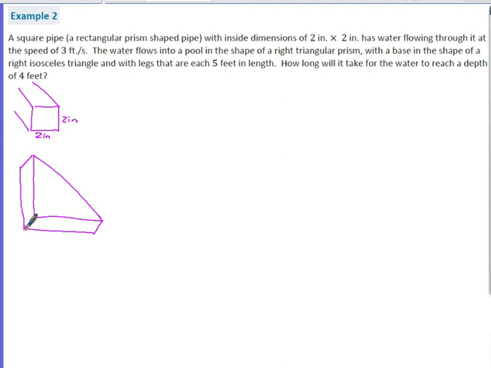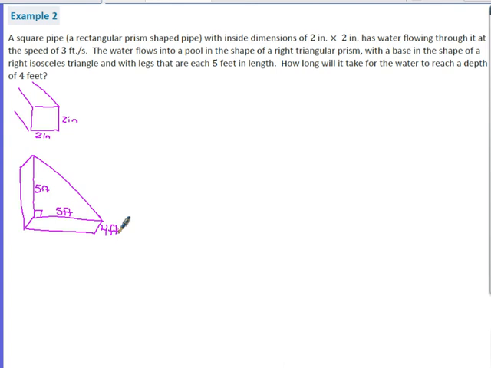Okay, and we know that it is an isosceles, meaning the 2 legs are going to be the same, and this is where our right angle is. So this is 5 feet. And 5 feet. And we want to fill it to a depth of 4 feet.